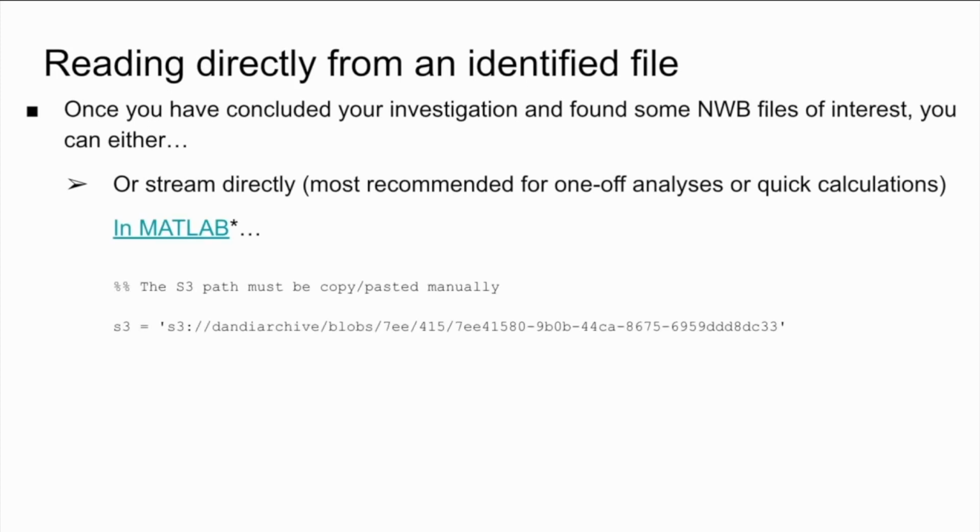This is also possible in MATLAB, and may even seem at the surface to be a little simpler. It's a very strange oddity. It requires a modified form of the S3 path, not the HTTPS version, but basically you take all those numbers and letters after the blob, and you copy and paste them on top of s3://dandiarchive/blobs.